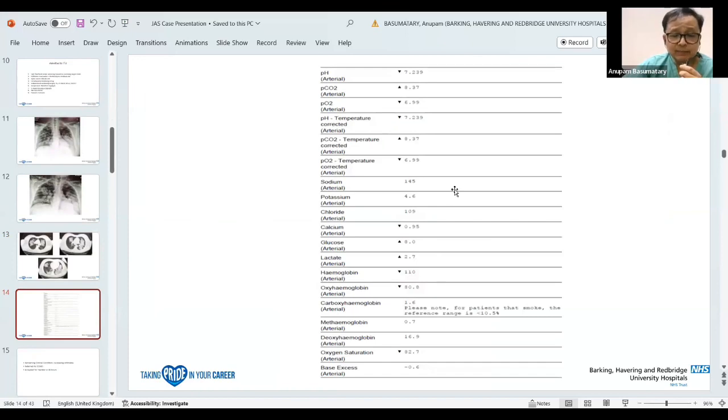So he was not getting any better actually, despite the proning, because initially he responded to proning. FiO2 came down to 0.6, but then on subsequent deproning, his FiO2 always kept going up. And in the meantime, our team had referred for ECMO.